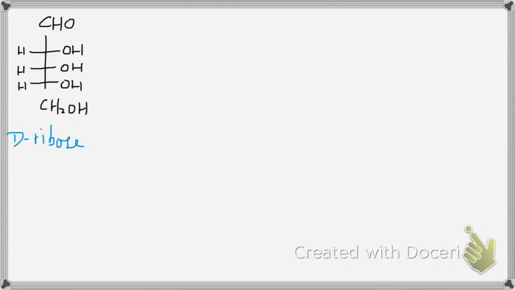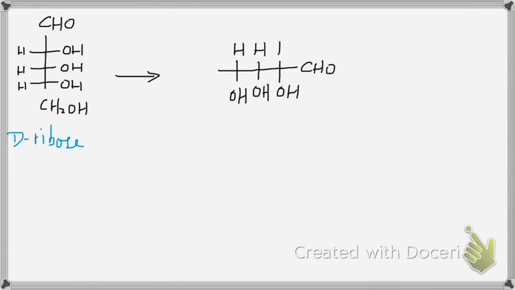Okay, so the first step, you want to lay the molecule down. In Fischer projection, it's vertical. You want to lay the molecule down, and you want to put your carbon 1 on the right-hand side.